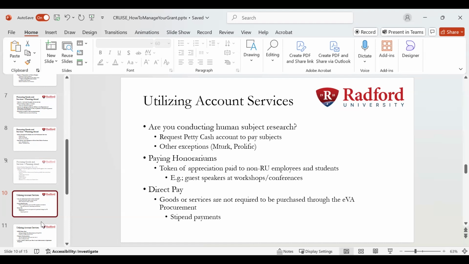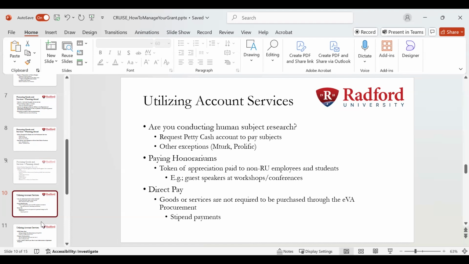That's actually a payment for goods and services. So you can't promise them if you're doing an honorarium, but if you just wanted to give someone a $50 honorarium saying thank you for participating, and it's not an incentive to make them participate, then you can do an honorarium, but there's a special form that you need to fill out for that.